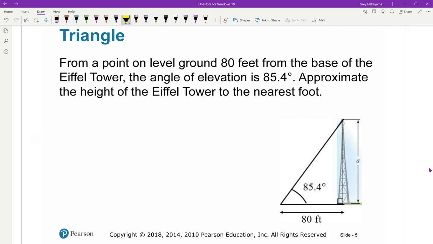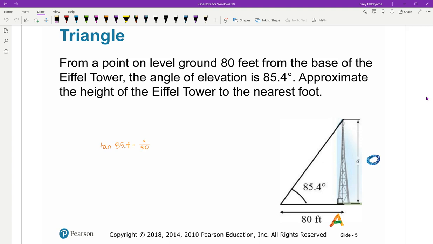So my angle is 85.4. 80 represents the side adjacent, and A is the side opposite. So again, I'm dealing with the tangent function. So the tangent of 85.4 is opposite, which is A, over adjacent, which is 80.